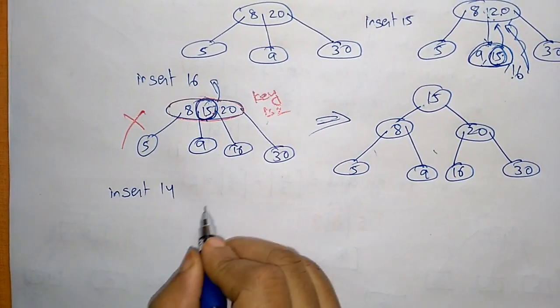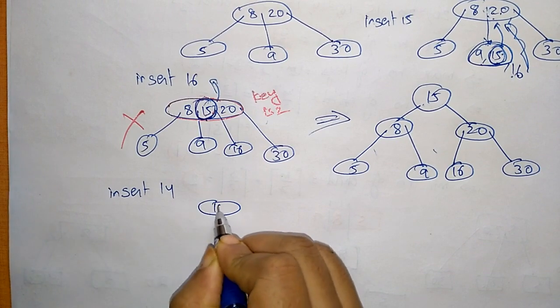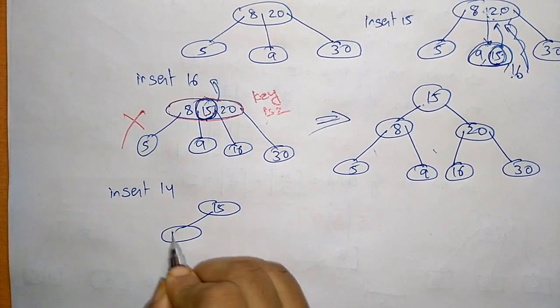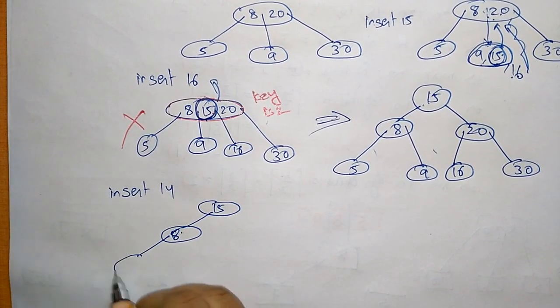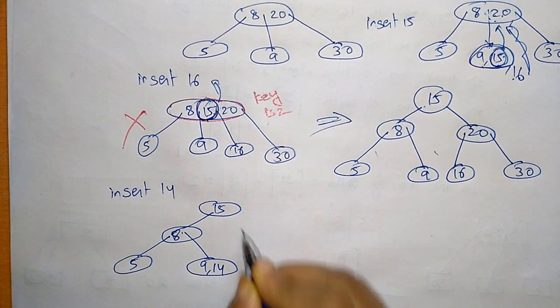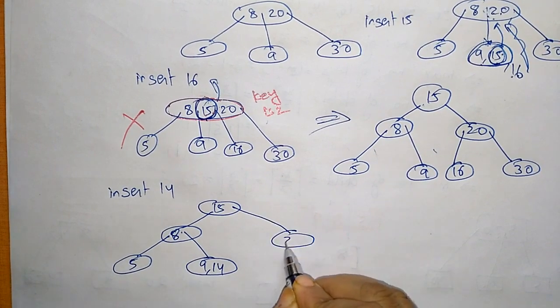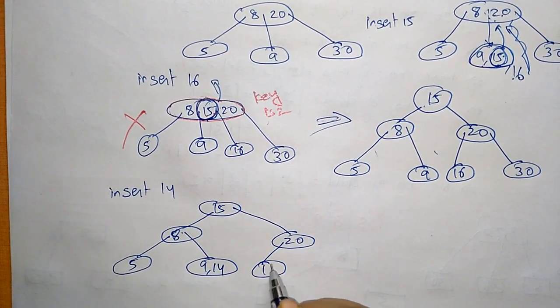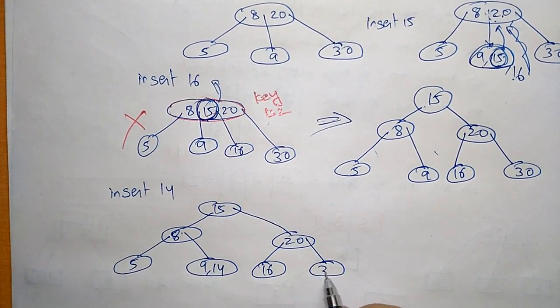So after inserting 14, you get 8, left side 5, right side 9, 14, and here 20, left side 16, and right side 30.